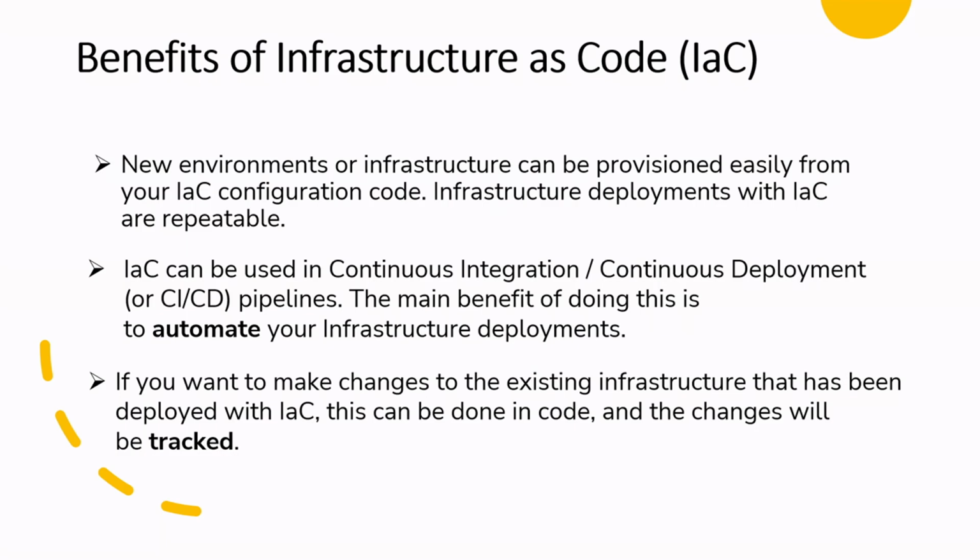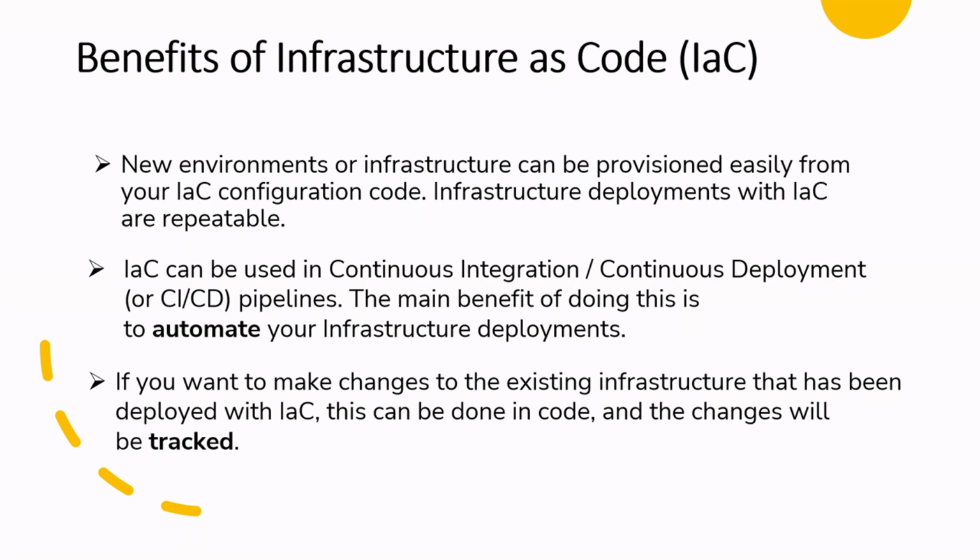Benefits of infrastructure as code. New environments or infrastructure can be provisioned easily from your IaC configuration code. Infrastructure deployments with IaC are repeatable, meaning the code which you use in the development environment can be reused in the test or any higher environments, but you change the variables in the code.